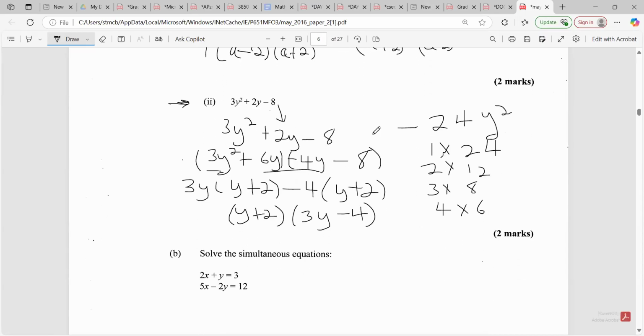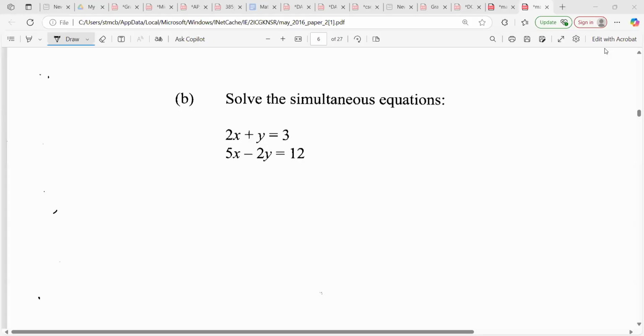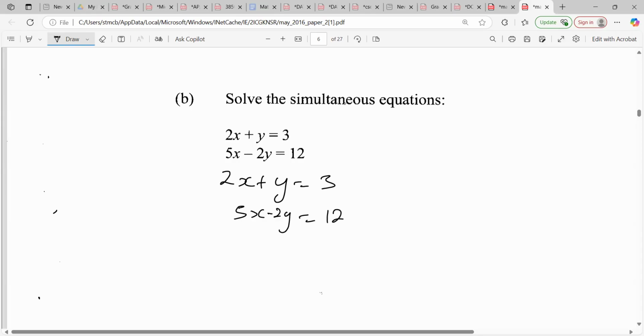So it says solve the simultaneous equations. We have 2x plus y equals 3, and 5x minus 2y equals 12. Now, we're going to eliminate y.